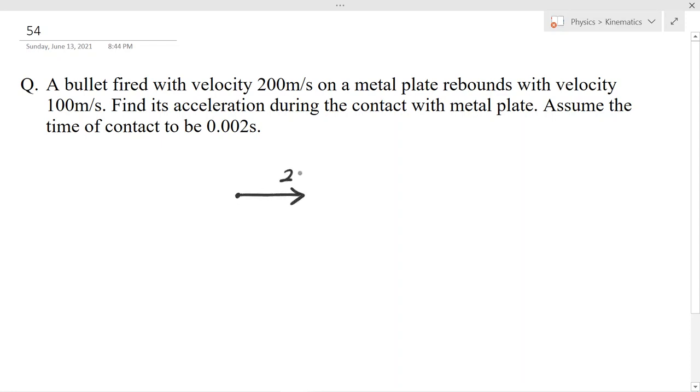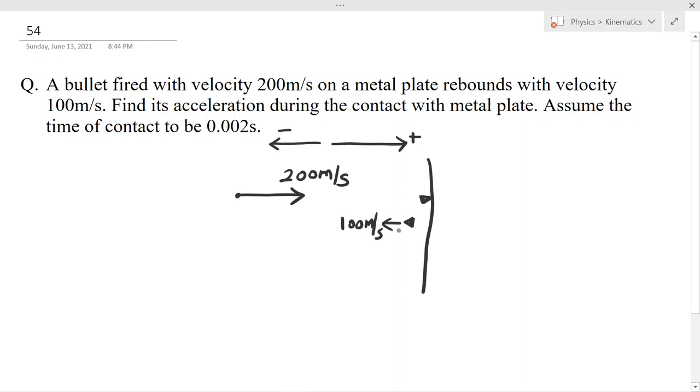So let's do this. Let's say the bullet is fired in the right direction. This velocity is 200 meter per second, and now let's take right direction as positive and the left direction as negative. Now after rebounding, after 0.002 seconds it rebounds with the velocity 100 meter per second.